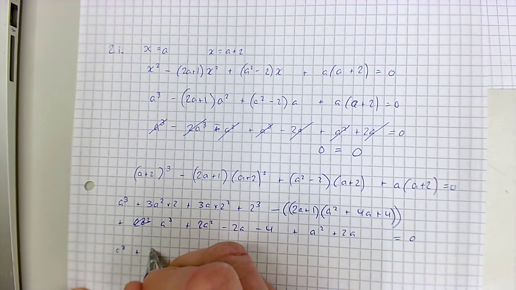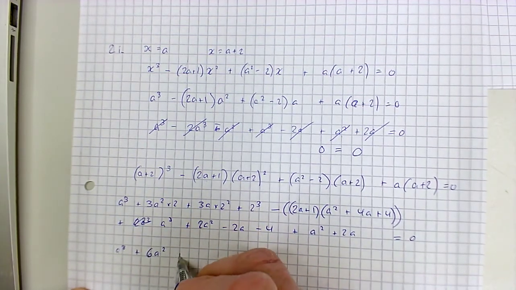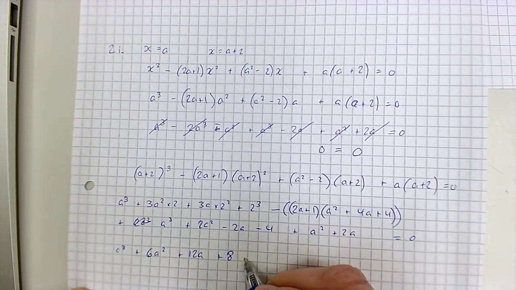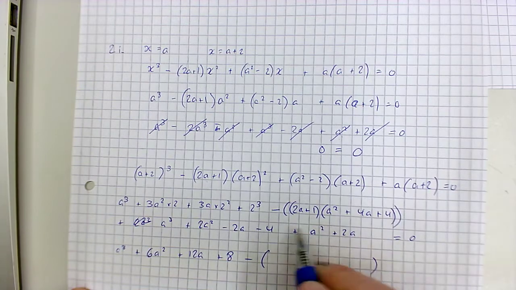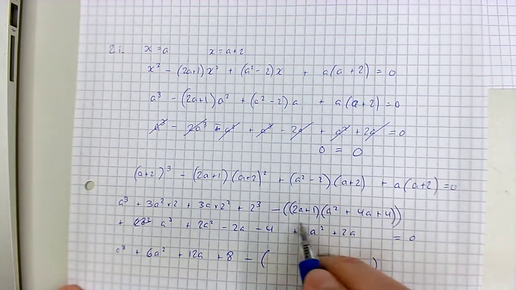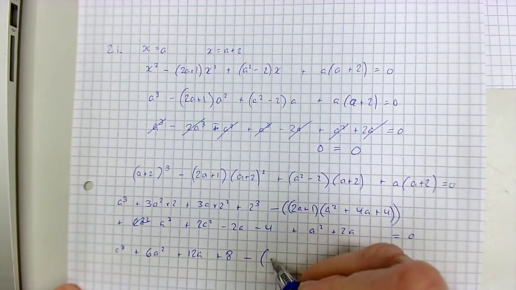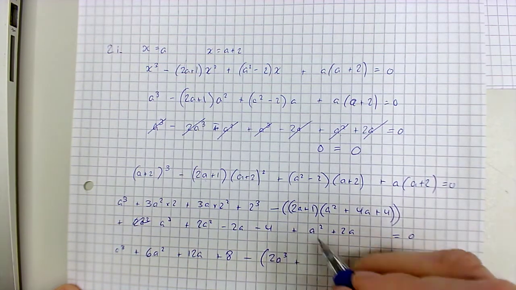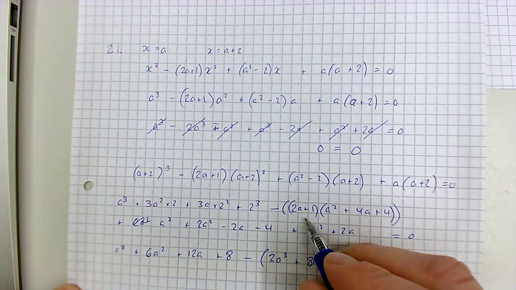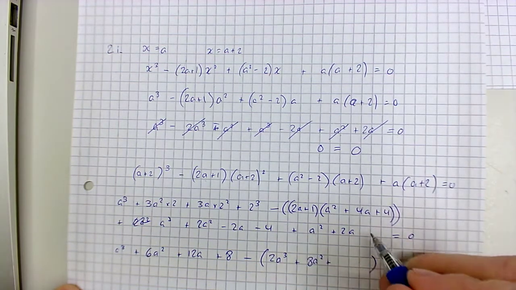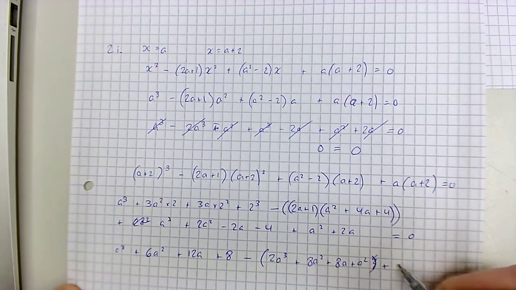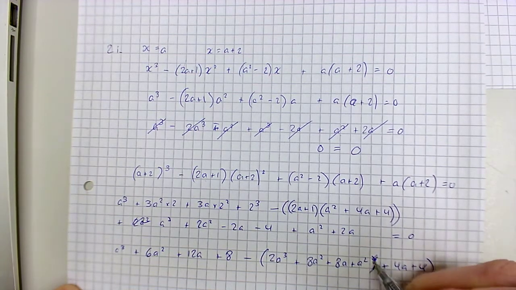Let's make this neater. 6a squared, 12a plus 8 minus, and I'd probably just expand the inside of this bracket out now. So I've got 2a cubed plus 8a squared plus 2a times 4, 8a plus a squared plus 4a plus 4.